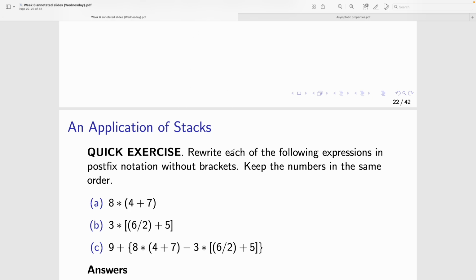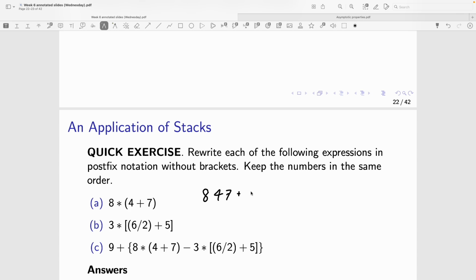But for this, we can write 4, 7, plus to denote 4 plus 7, and then 8 around that, and the star after that to denote that you have to multiply 8 by the result of 4 plus 7.